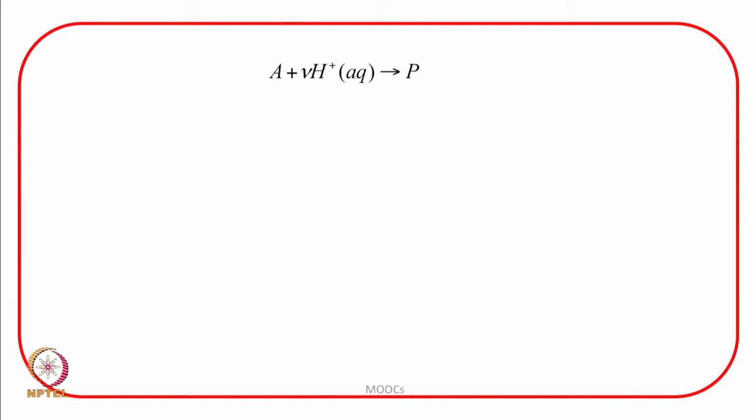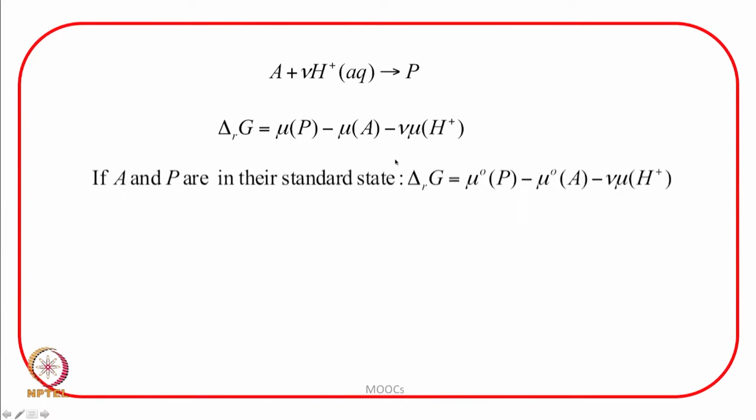Now, let us once again consider this and quickly go through the steps that we used. First, we wrote the reaction Gibbs energy, which is in terms of the chemical potentials.